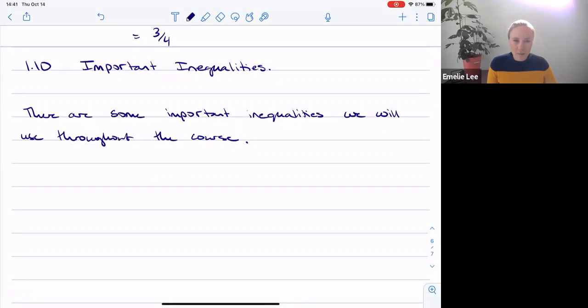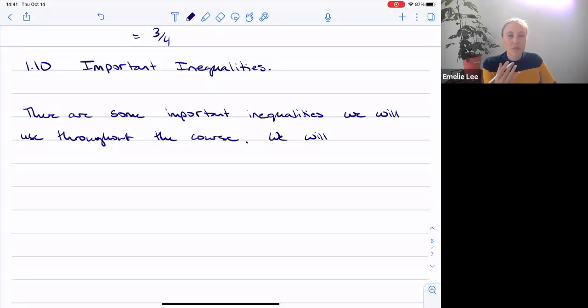We will state them here, and the proofs are in the textbook. But don't worry about the proofs. One thing that I will say is you should be able to read the proof and kind of convince yourself that, okay, yeah, that makes sense. But I'm not going to make you memorize proofs or do any rigorous proofs, right?